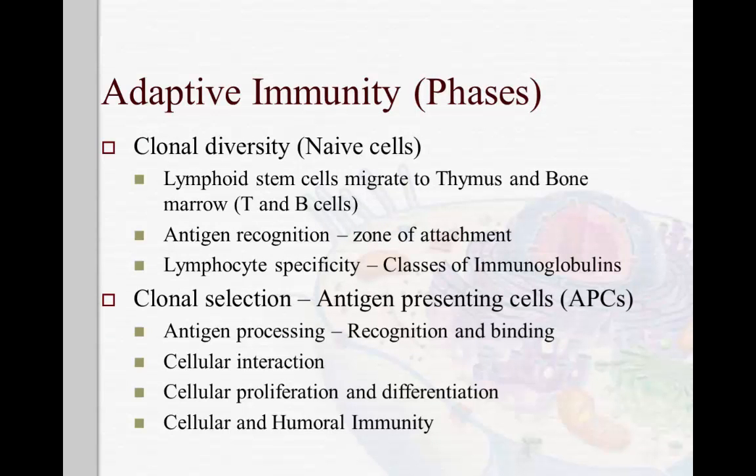The antibodies are called immunoglobulins, which are products of the adaptive immune system, and they have specificity and memory, which are the main characteristics of antibodies and the adaptive immune system: specificity and memory. You will see that there are primary and secondary lymphoid organs.